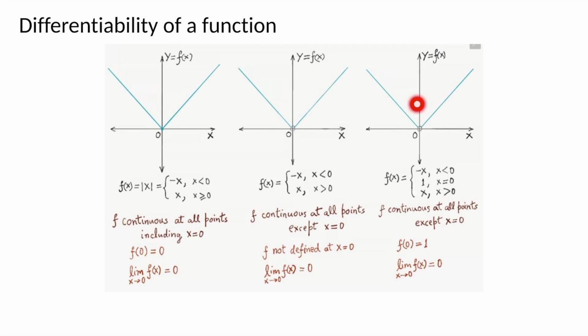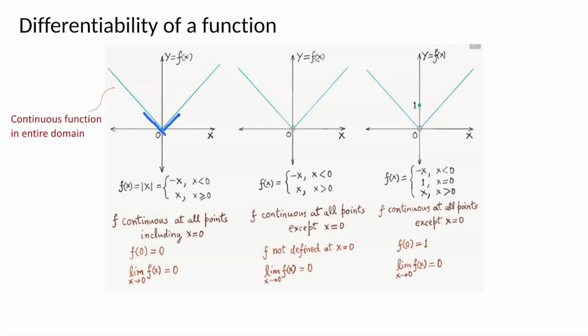We have already seen that the first function is continuous and the second and third functions are not continuous. Let us now check if they are differentiable. Now this first function, we have already discussed briefly, is not differentiable at x equal to 0, because the slope of the tangent to the curve takes a different value when you approach x equal to 0 from the left hand side and from the right hand side.